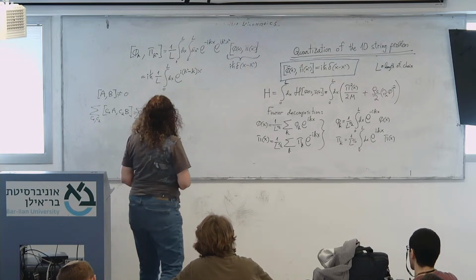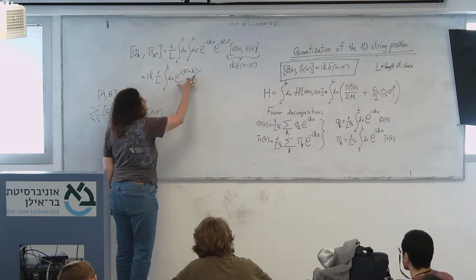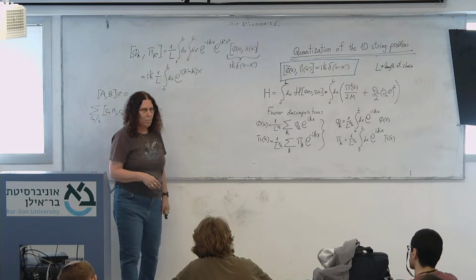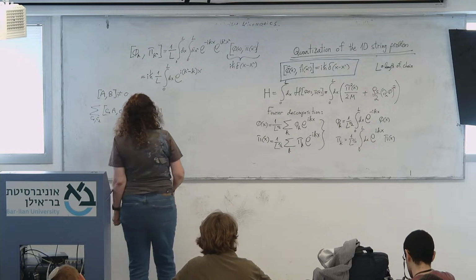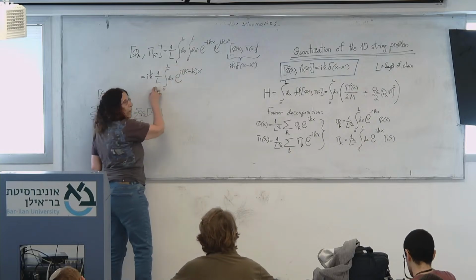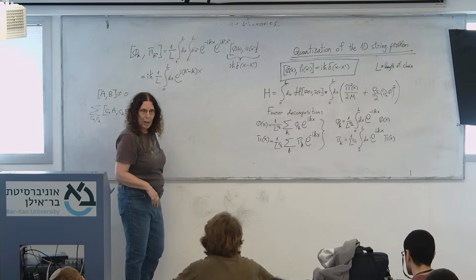So it's going to be 0 unless k equals k prime. And if k equals k prime, the integral gives L divided by L, and you get 1, right?